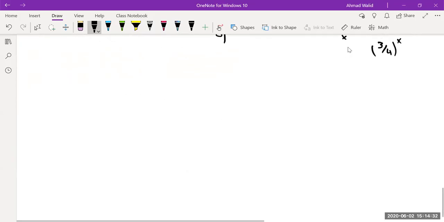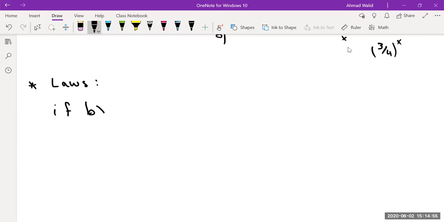Some more notes for you, then I'll slowly go to the examples. We will start the calculus of exponential functions, right? Some laws of exponential functions that are important for us to, once again, review.